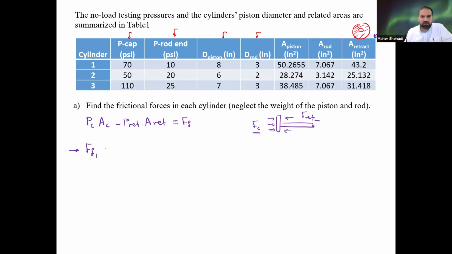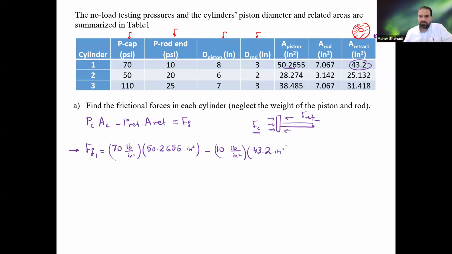So the friction force for cylinder one, what do we have? We have 70 psi, pounds per square inch, times the area, A piston or A cap, which is 50.2 square inches, minus the retract pressure, 10 psi, times the retract area, not the rod, 43.2 square inches.